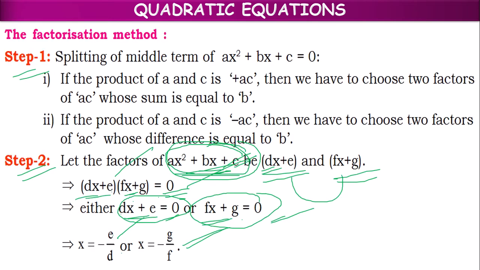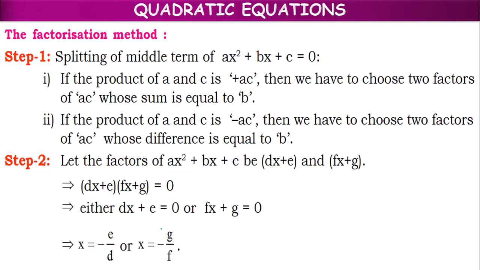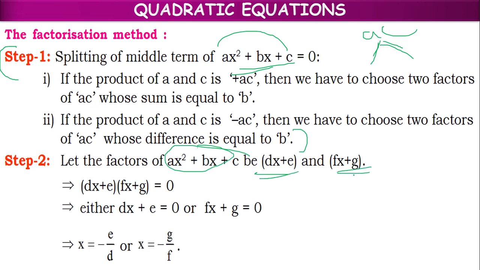So according to step 1, we have to split the middle term, and for ac, we have to find two factors. After finding factors, suppose for this quadratic expression, if these two are the factors, from these two factors, we can find x value in this method.